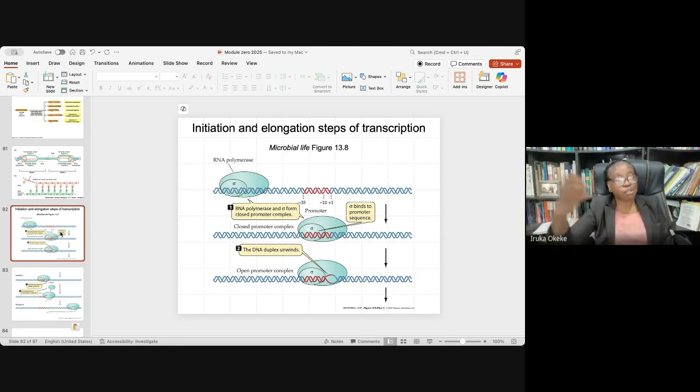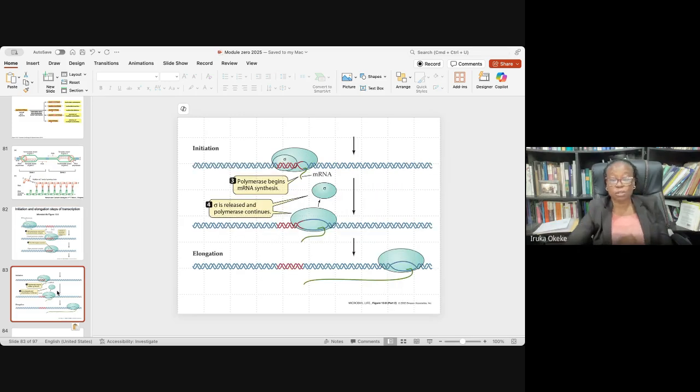They need to be brought by the sigma subunits. The sigma subunit is what finds where to start transcribing and recruits the other subunits. Open, the DNA duplex unwinds, and then transcription can start.